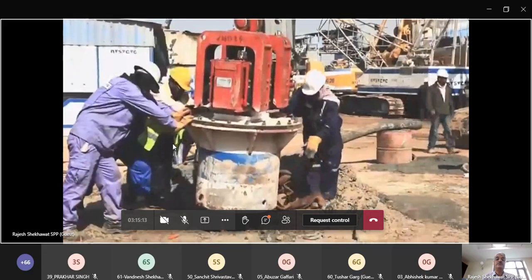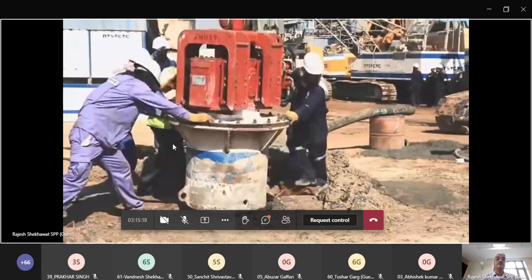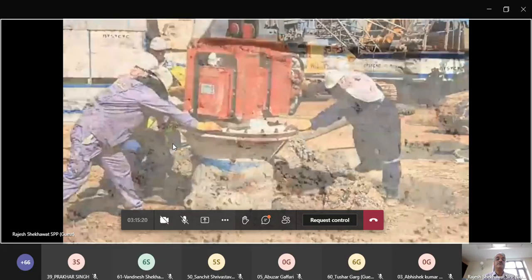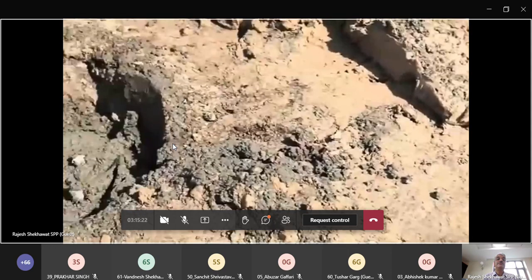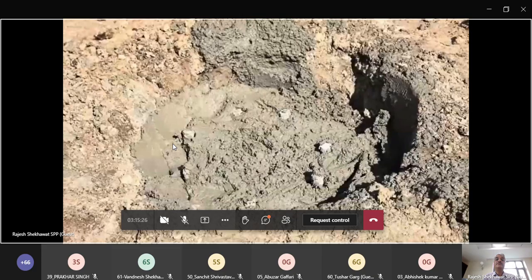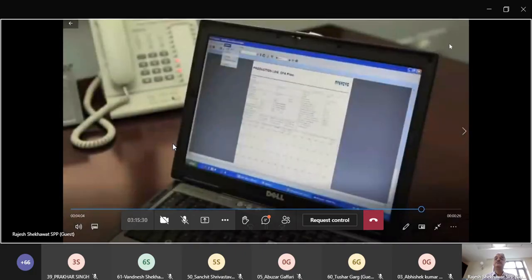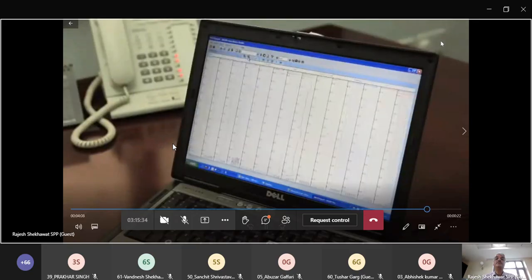A cage is lowered into the concrete pile with the assistance of a hydraulic vibrating hammer until it reaches the predetermined depth. The data gathered through the drilling and concreting process can then be shared upon request.